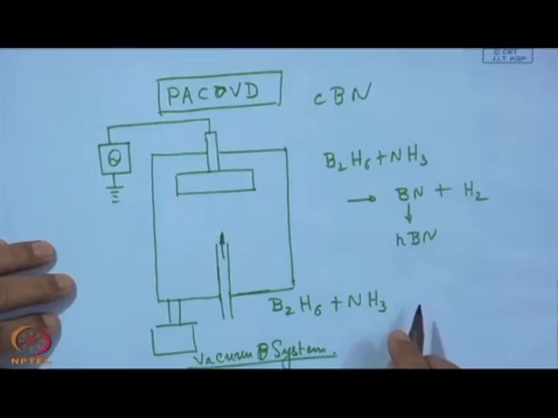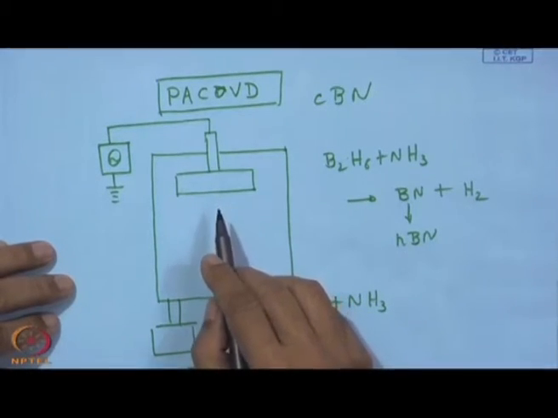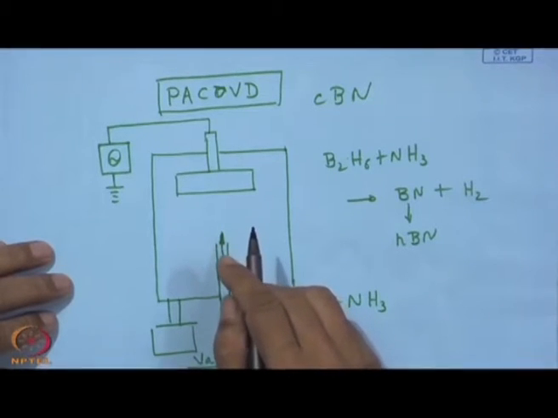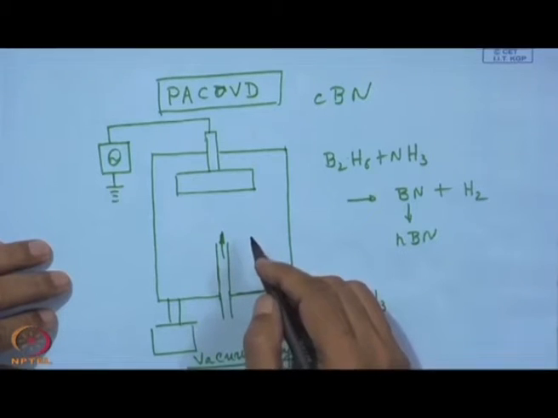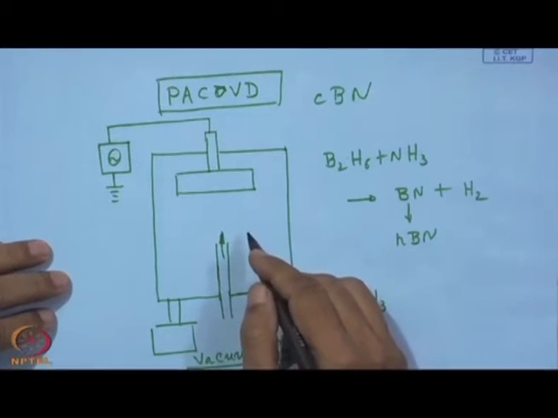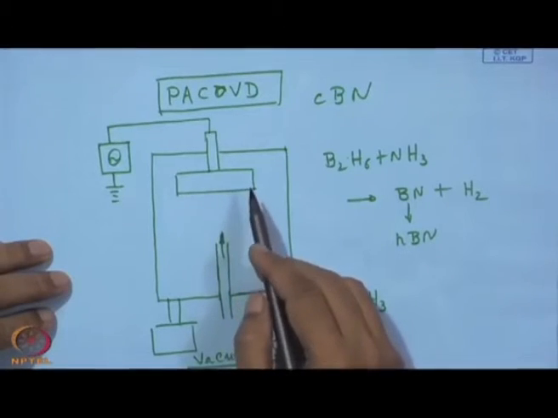But the most important thing here is the generation of ions, which will be attracted towards this surface. That means inside we have to have a cathode. From this cathode secondary electrons will be emitted, and during their movement towards the anode they will be repelled by this cathode, which is also charged negatively.